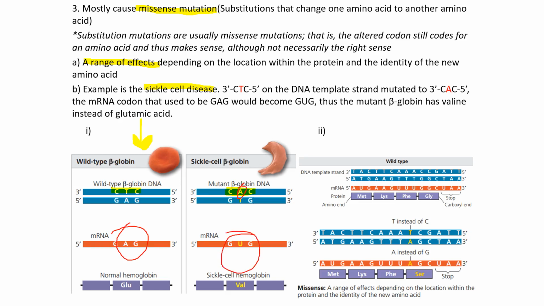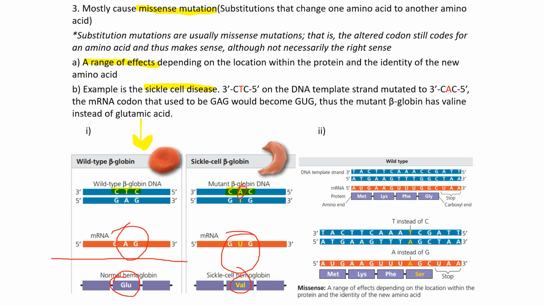So the mutant beta globin will have valine instead of glutamic acid. By right, they should have glutamic acid in the sequence of the amino acids in the polypeptide. Instead, the glutamic acid is replaced with valine.